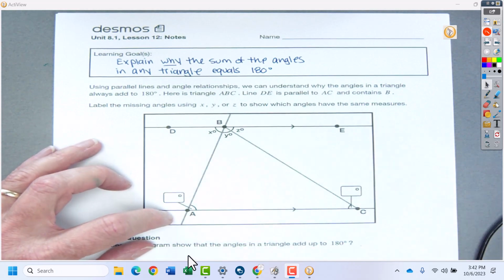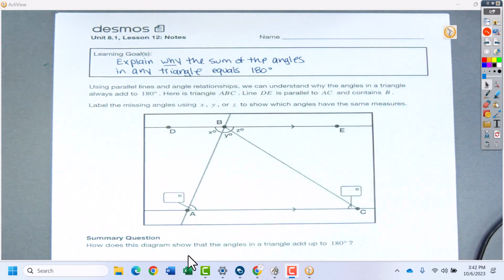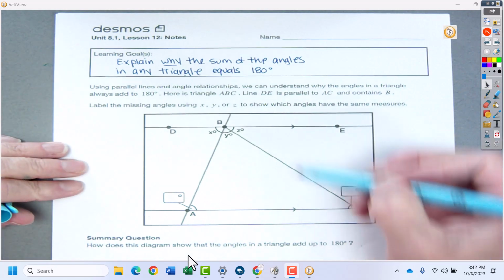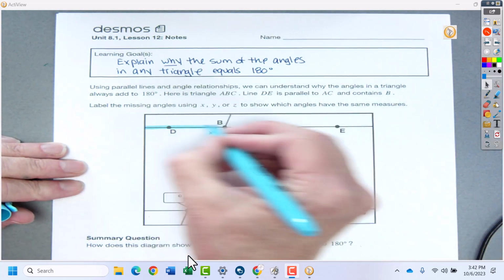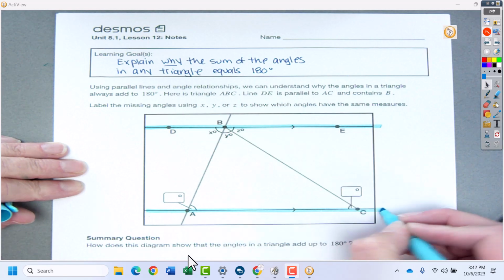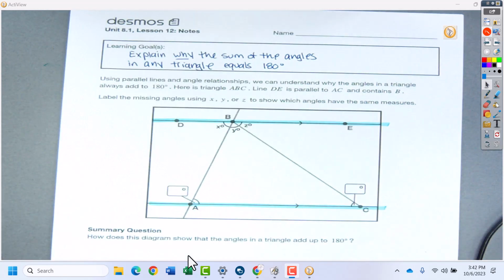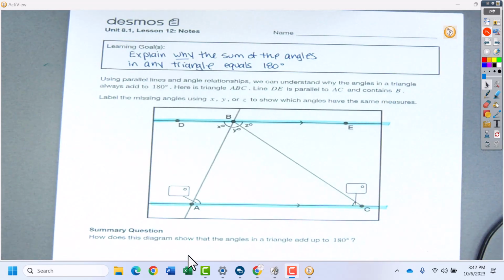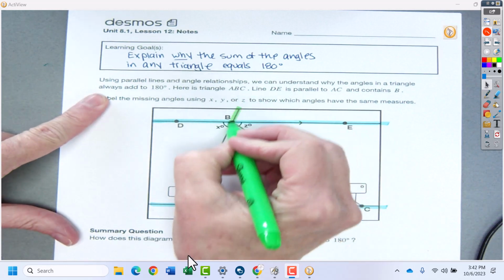I'm going to actually mark it so that we can see the two parallel lines. And I'm going to mark a couple of transversals here. Let's start with this transversal line here.